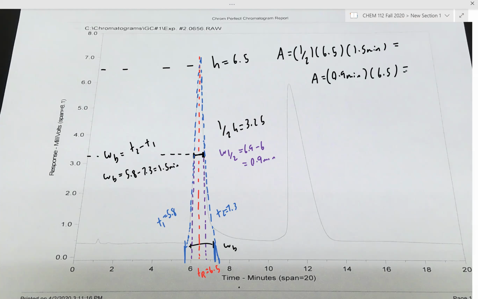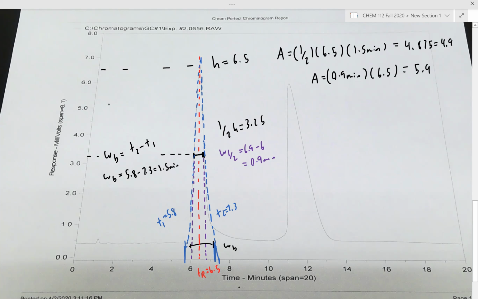Punching this into our calculator, that gives us our first area of 4.875, which gets rounded to 4.9. And our second area turns into 5.9. Depending on the amount of precision you have for your peak widths and the width at 1/2 height, you may get more or less accurate results. As long as your peak area methods are consistent for your comparison, you're more than good to go.